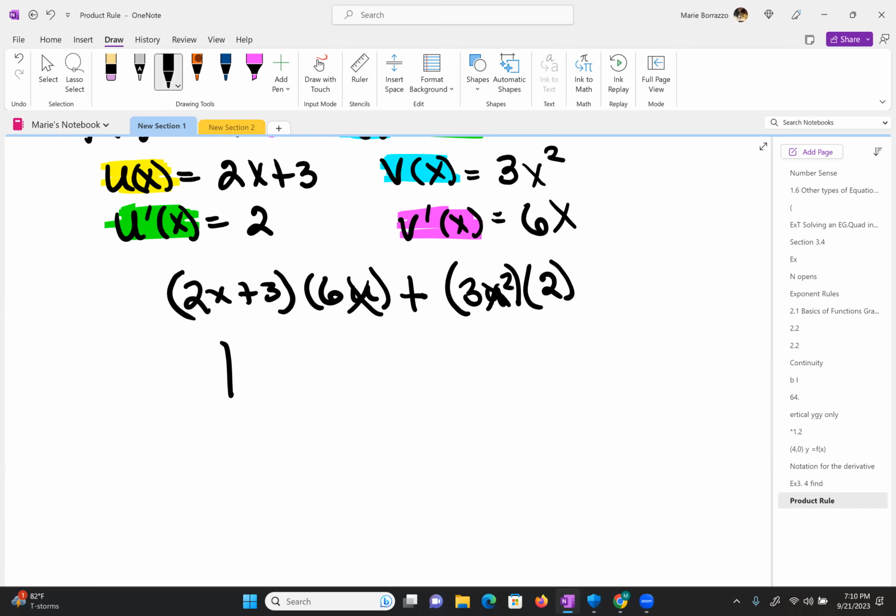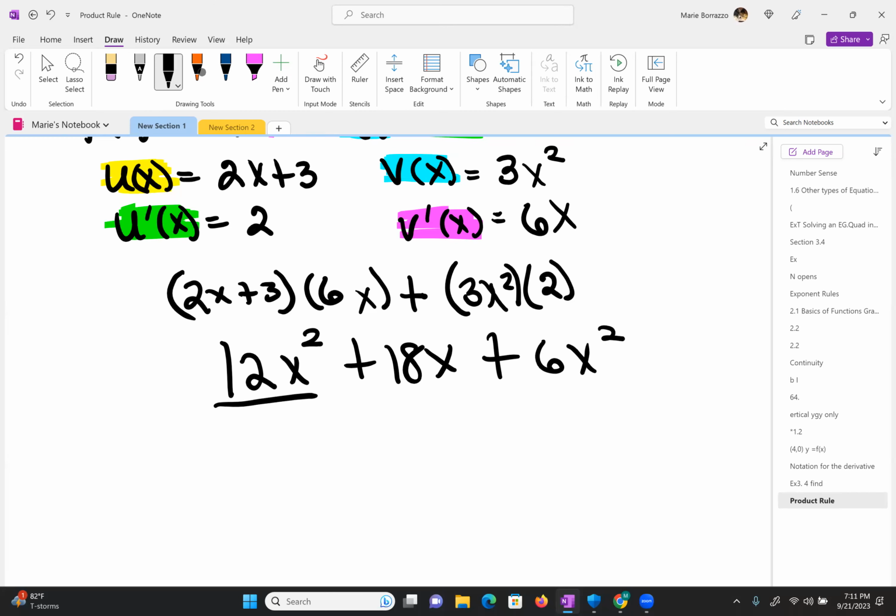So you end up with 12x squared plus 18x. You're just multiplying it out. Sorry, being neurotic. Just making sure that we are good. And then the last term here is plus 6x squared.